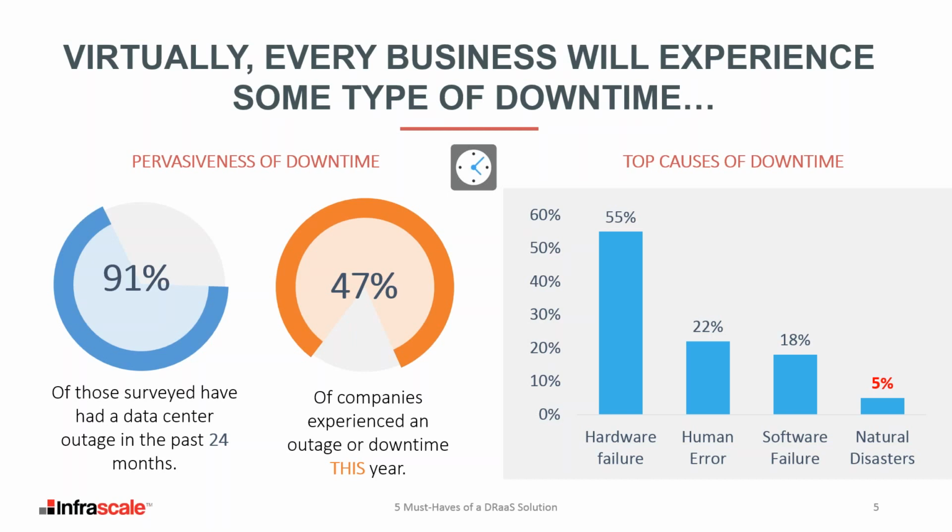And then on the right, you see the top causes of downtime. Perhaps not surprisingly, hardware failures and human error together account for over 3/4 of all downtime. Natural disasters really just account for 5% of the total. So when we talk about disaster recovery, we're usually talking about how to recover from both micro and macro disasters.